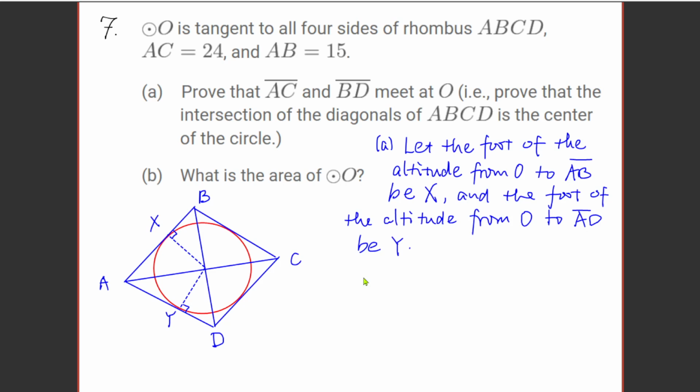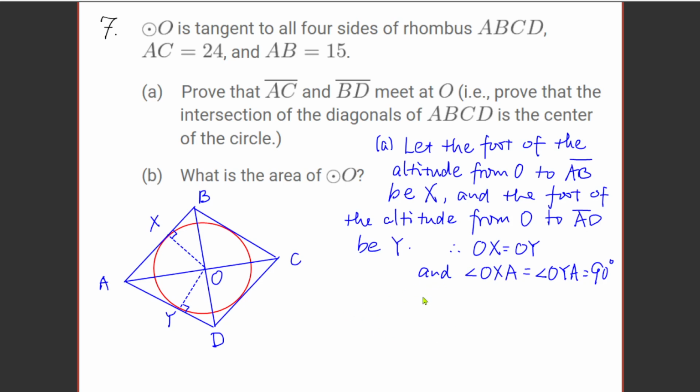Since circle O is tangent to both AB and AD, we have OX must equal OY, because they are the radius of that circle, right? And we also have angle OXA equals angle OYA, which are 90 degrees.